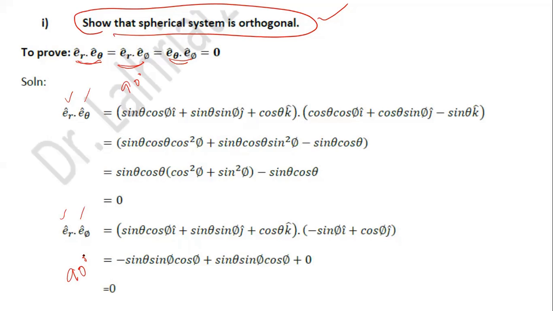So when the unit vectors along the coordinate lines are mutually perpendicular, the coordinate system is considered an orthogonal system. These are simple mathematical steps. You can do it yourself now once you have the unit vectors.